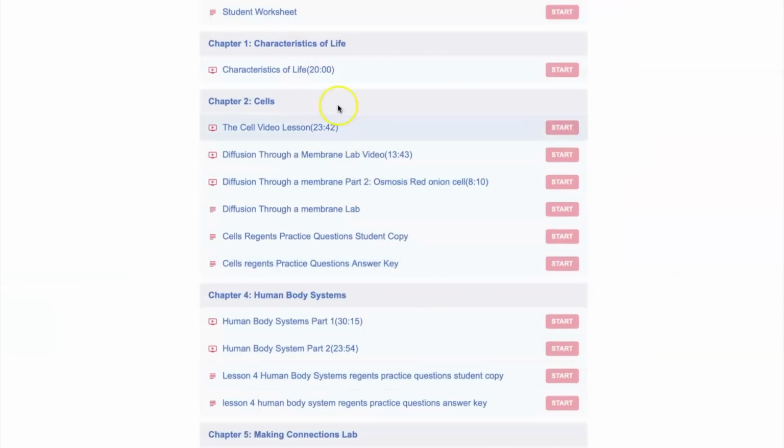So here we have chapter 1, which is characteristics of life, chapter 2, which is cells, and I want you to see that this is how I break down the chapters. The chapters will have the video lesson, then any associated lab copies, and then you're going to see practice questions, Regents practice questions, and a student copy.